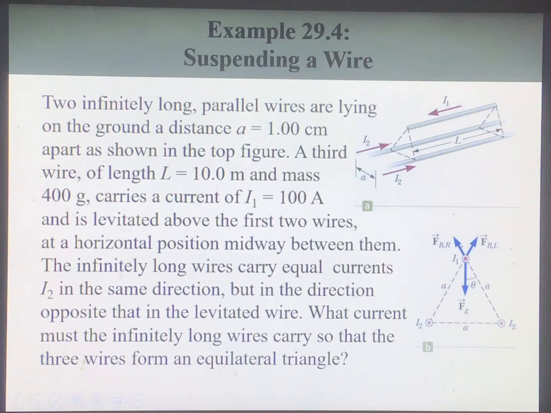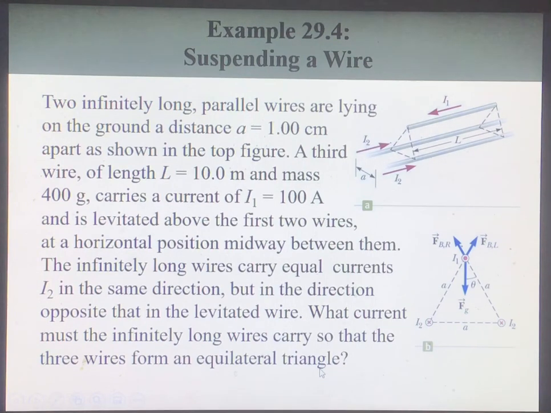What I want to calculate is what current must the infinitely long wires carry so that the 3 forces form an equilateral triangle. So what I want to do is balance the force of gravity produced by the wire at the top.